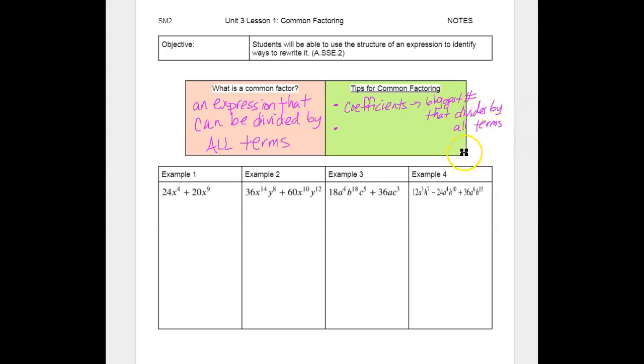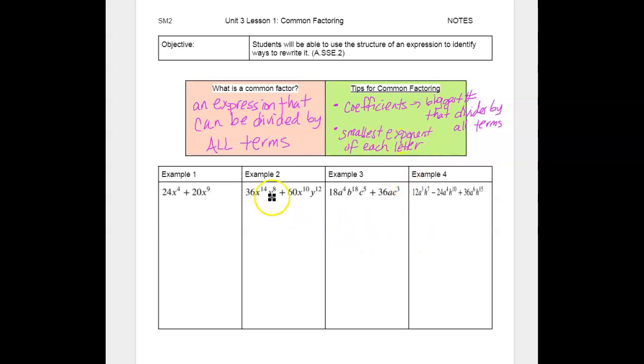If you take out a 2 and then you realize you can take out another 2, then you can do it in a couple of steps. But if you can find the biggest, then you'll find it in one step. For exponents, it is going to be the smallest exponent of each letter.